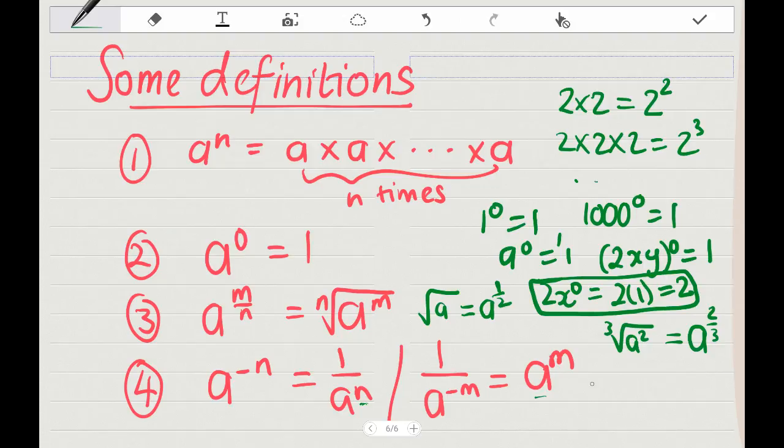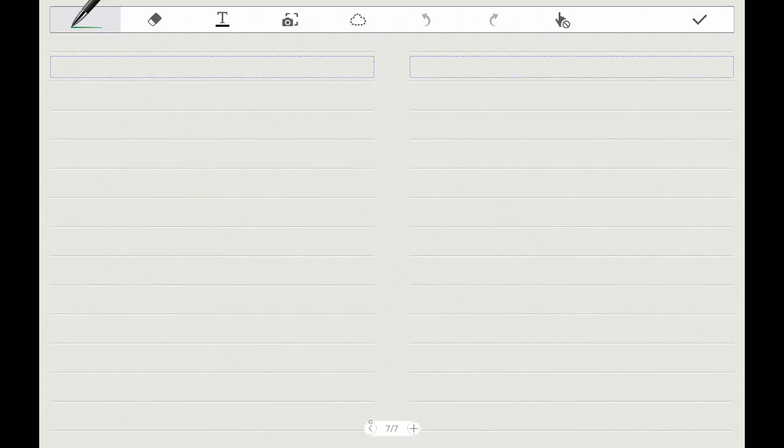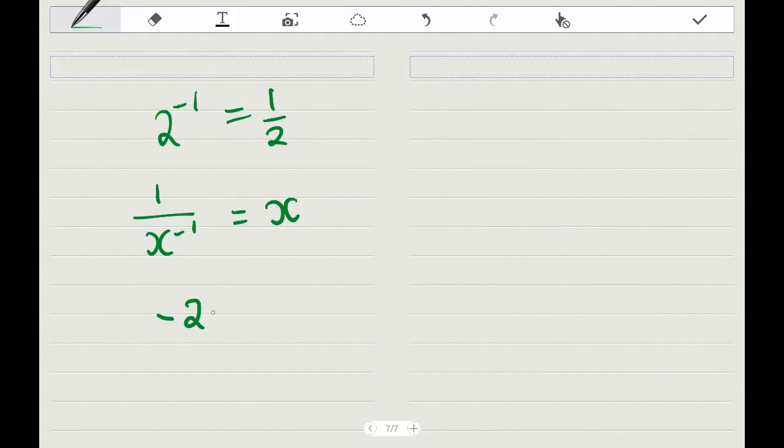So an example is 2 to the power of minus 1 is equal to a half. If we have 1 over x to the power of minus 1, this is just equal to x. We brought it to the numerator. See the sign of the base. Let's try and put a minus here. So we have minus 2x to the power of minus 1.